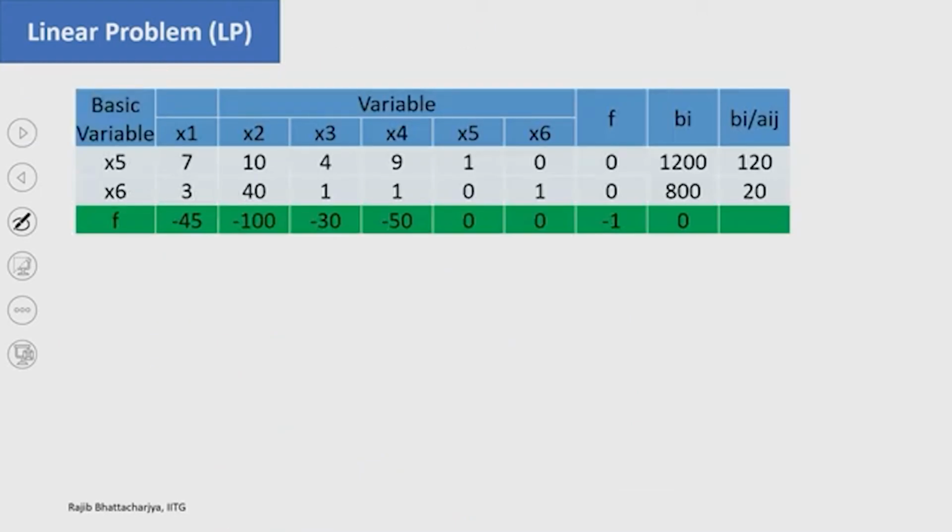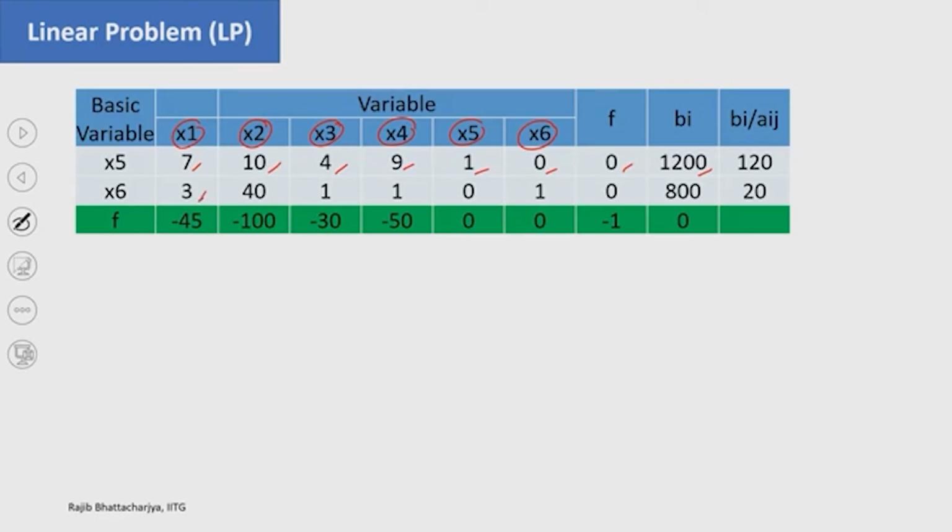So, let us put it in the simplex table. So, we have x1, x2, x3, x4, x5 and x6. So, I am putting the constraints. The coefficient of x1 in the first constraint is 7, then x2 is 10, 4, 9, 1 and 0, which is equal to 1200.